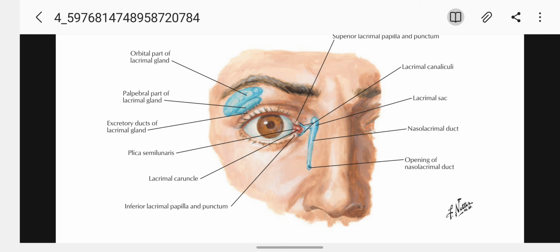So removal of the orbital part, or removal of the palpebral part, is functionally equivalent to removal of the entire gland. After the removal, the conjunctiva and the cornea are moistened by the accessory lacrimal gland, which is also called Crow's gland.